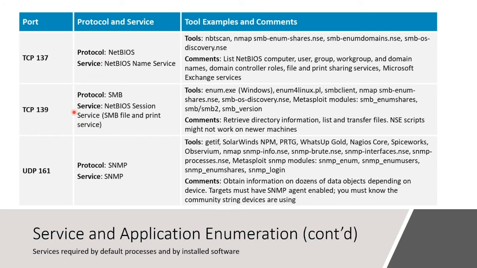And then the NetBIOS ones, 137, 139, loads and loads of tools here, especially for SMB, we've got enum4linux, smbclient, a lot of Nmap scripts, Metasploit modules as well. SNMP, loads of tools: GetIF, SolarWinds, PRTG, What's Up Gold, Nagios, Spiceworks, Observium, other scripts as well. I've used a number of these SNMP tools.